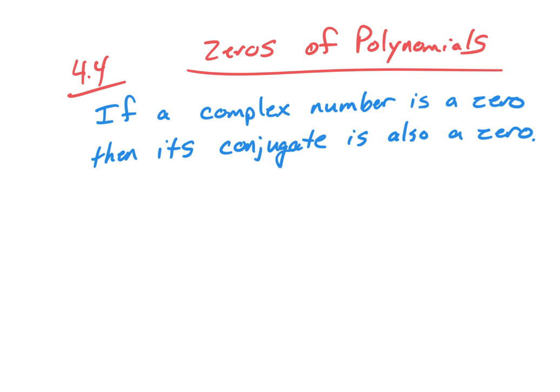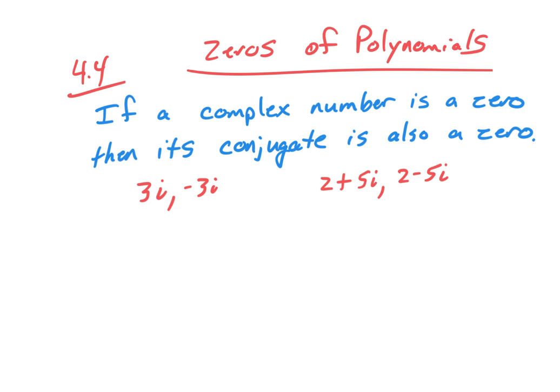And so what that means is if I have a zero of 3i, then negative 3i is also a zero, which is what we call the conjugate of 3i. Where we really saw conjugates is if I had like 2 plus 5i, then the conjugate of that would be 2 minus 5i.